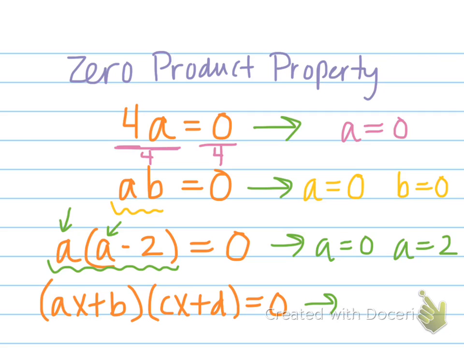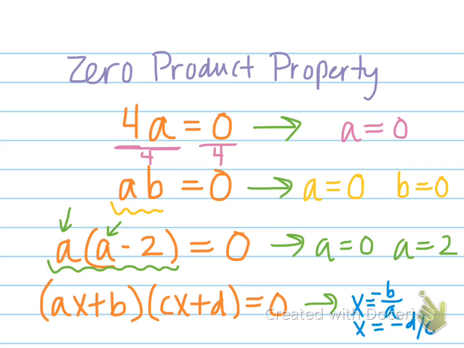And finally, in this fourth situation, which is what we'll see most of in the examples that follow, it's a little bit more complicated, but once you've done a little bit of work, you'll notice that x could be negative b divided by a, or x could be negative d divided by c.